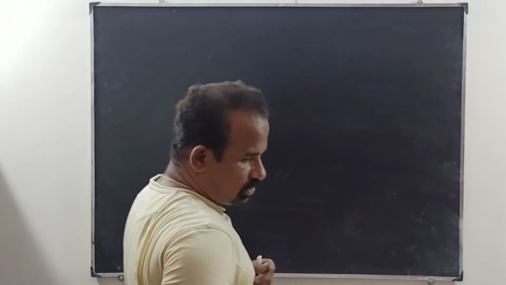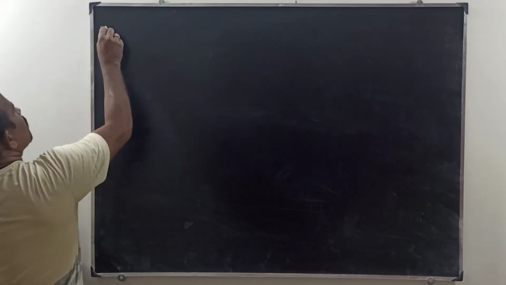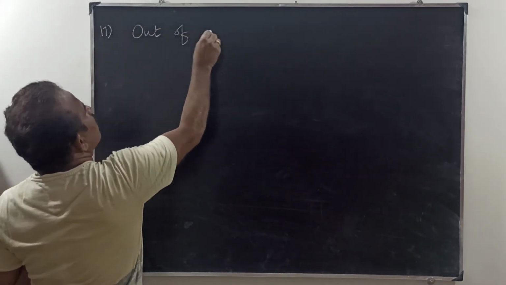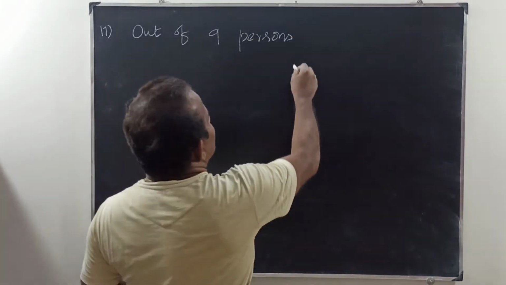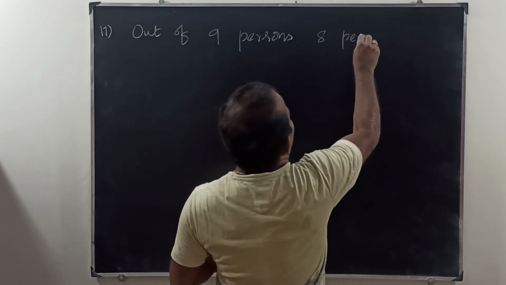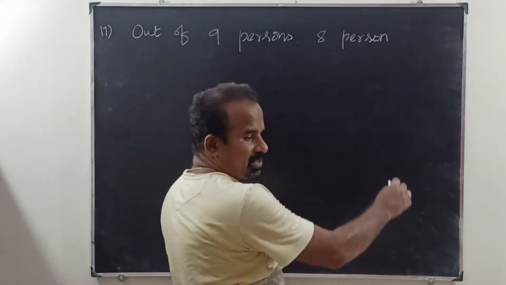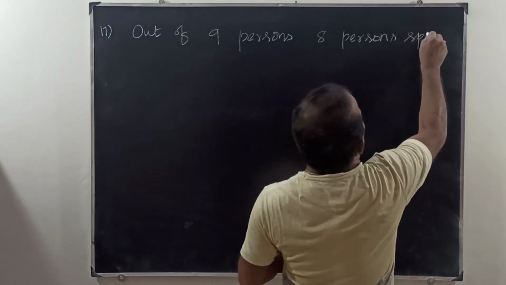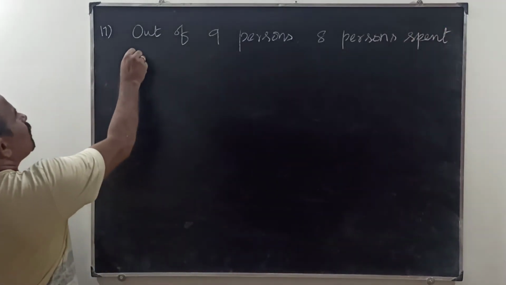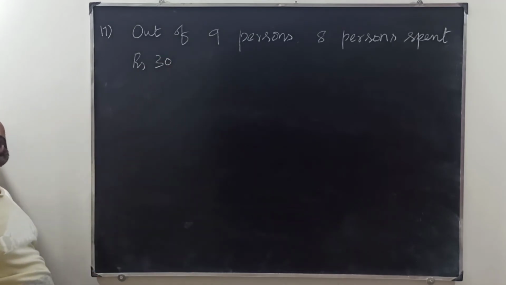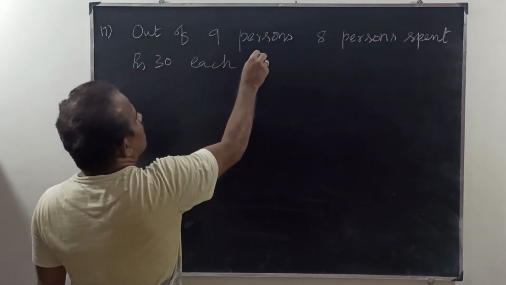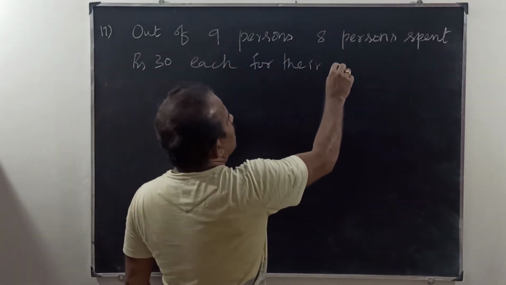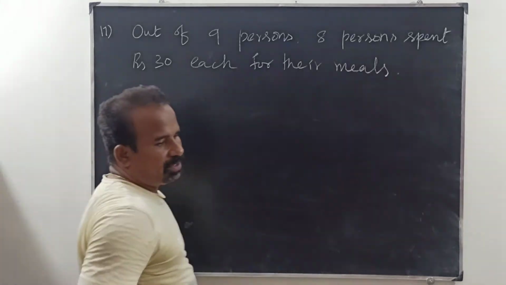The next question is the 17th question. Out of 9 persons, 8 persons spent rupees 30 each for their meals.